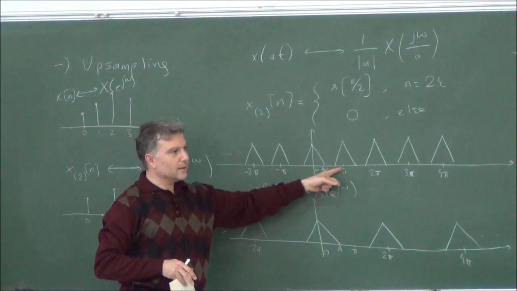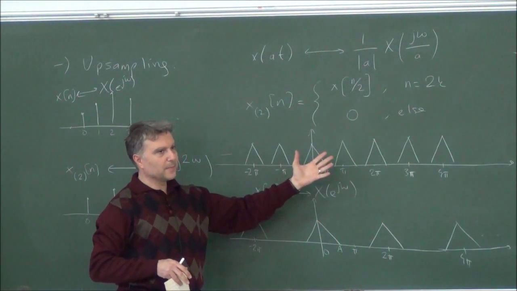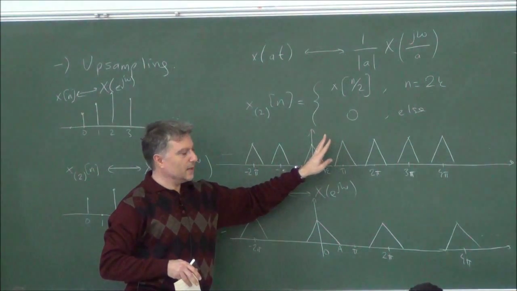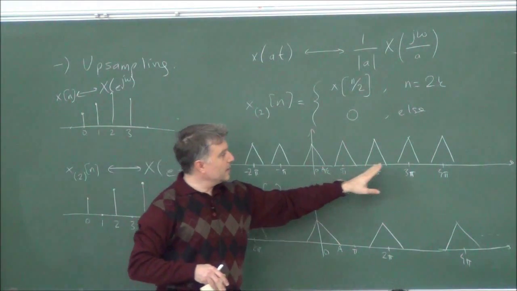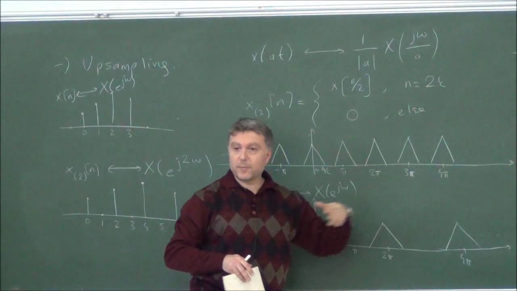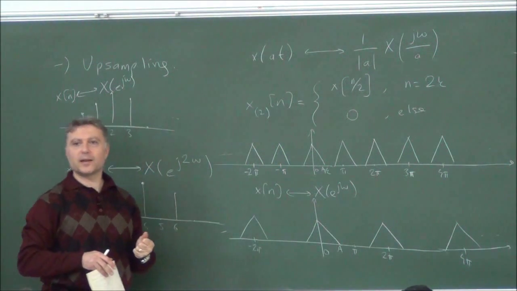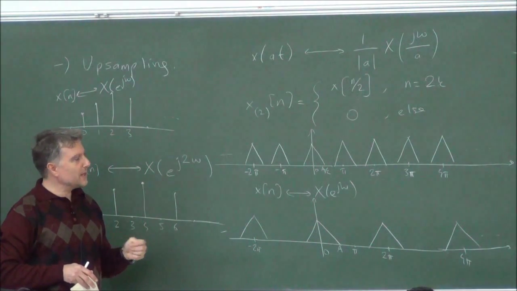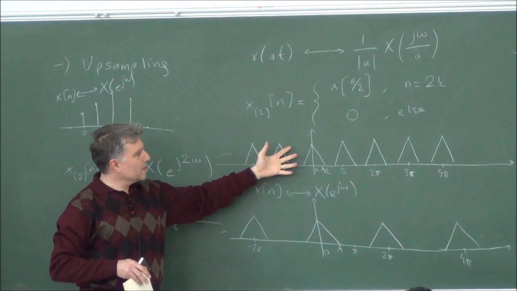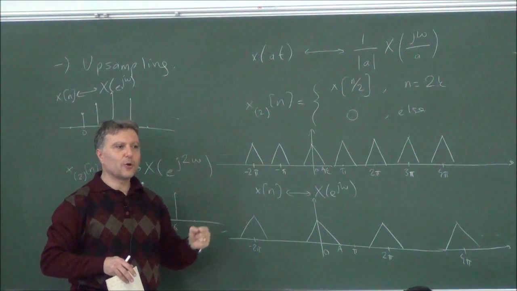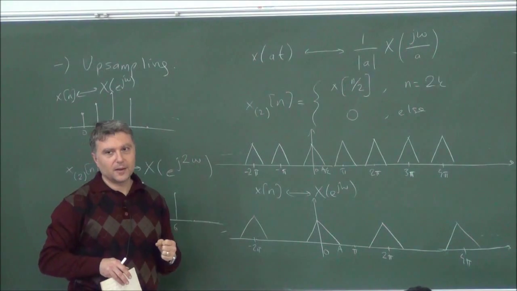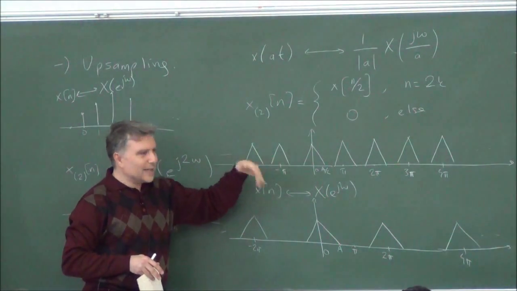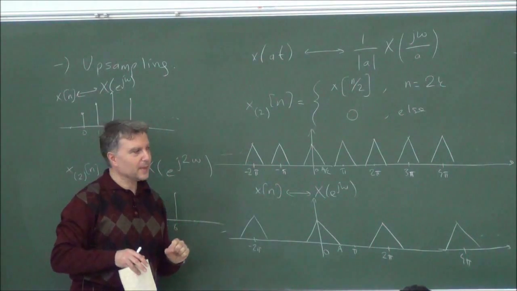But the new one, there's a problem. It changed. Now we have some energy around pi and around 3 pi, around 5 pi, odd multiples of pi also exist now. What does that mean? It means that my new Fourier transform does not correspond to a low pass signal anymore. It becomes somehow a high pass signal. Low pass and high pass components.